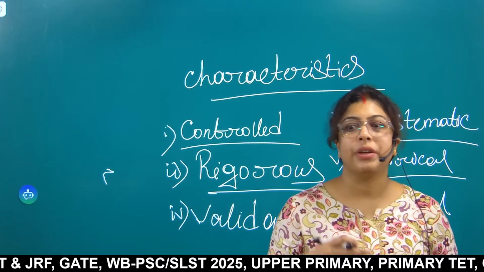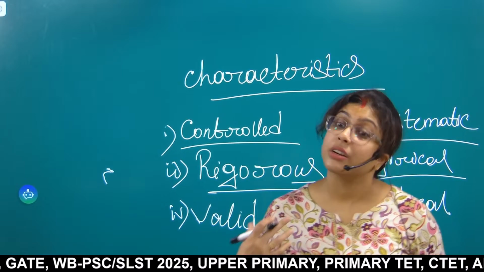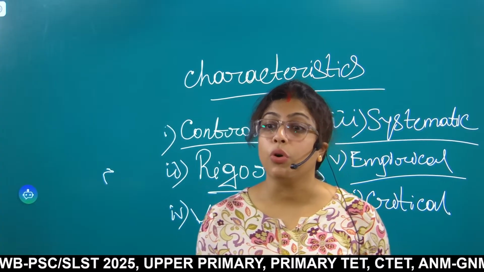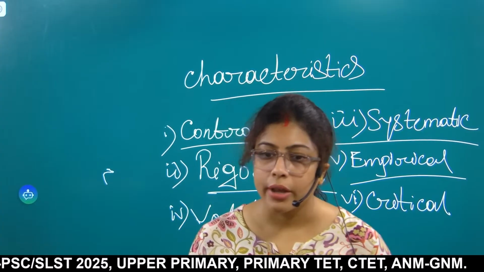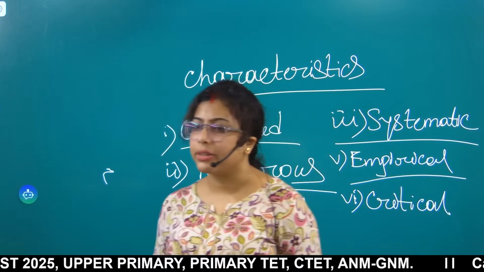So you need to be critical. You need to conduct the research critically, otherwise you won't go forward with it. So these are the characteristics. Is it clear? Is there any problem?